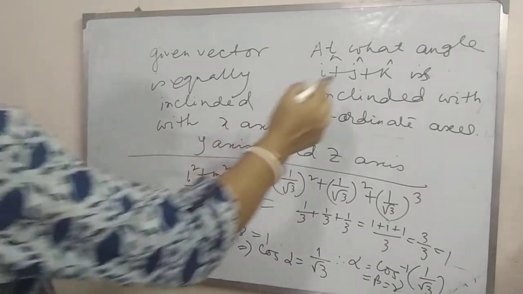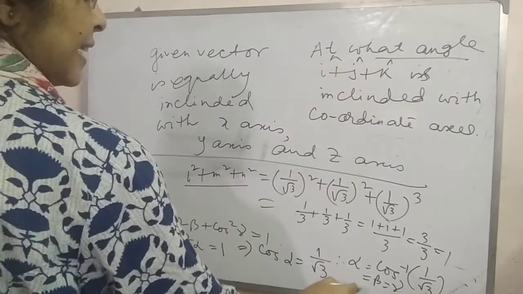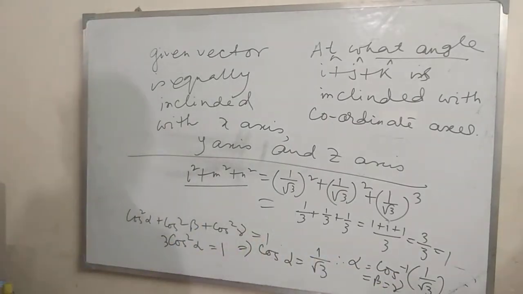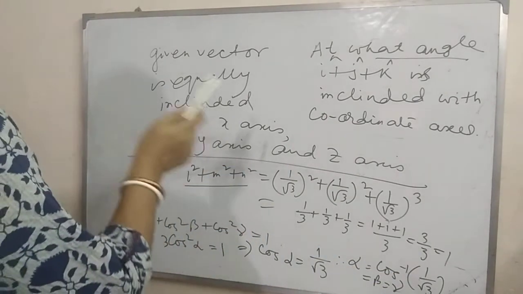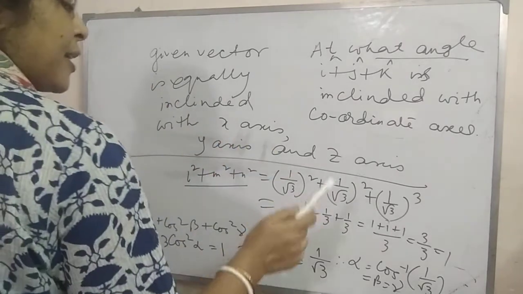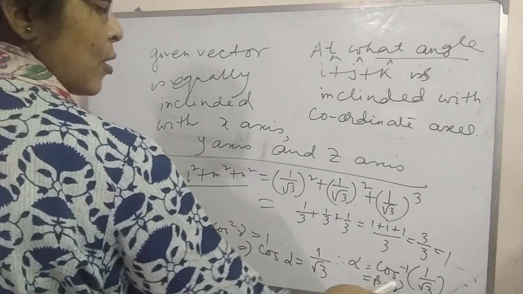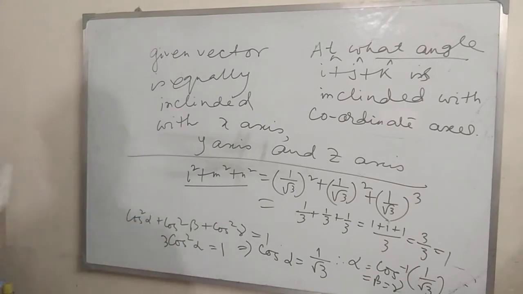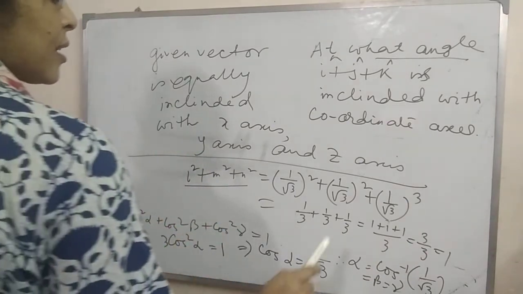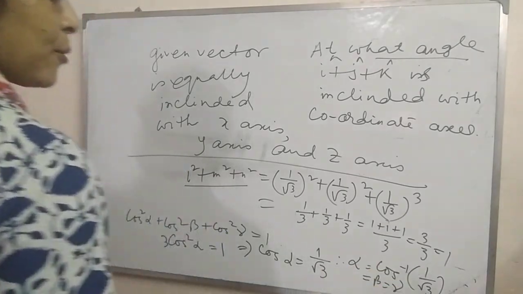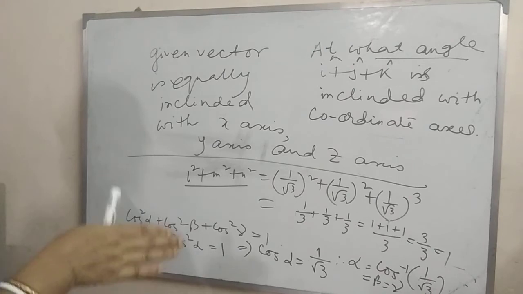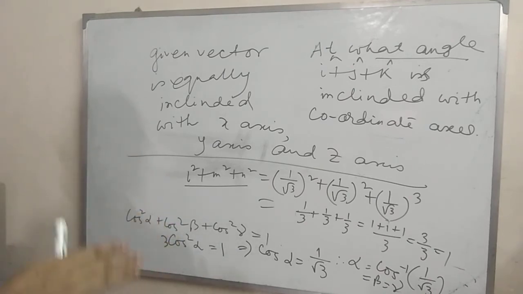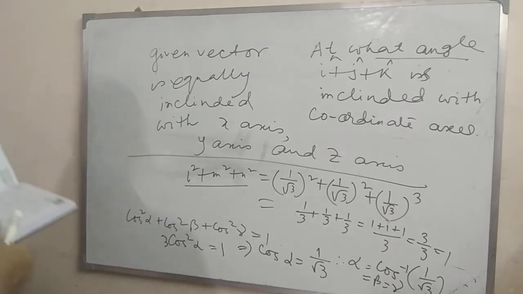So the angle is cos inverse 1 by root 3. This vector is equally inclined: with the x-axis at cos inverse 1 by root 3, with the y-axis at angle cos inverse 1 by root 3, and similarly with the z-axis at cos inverse 1 by root 3.